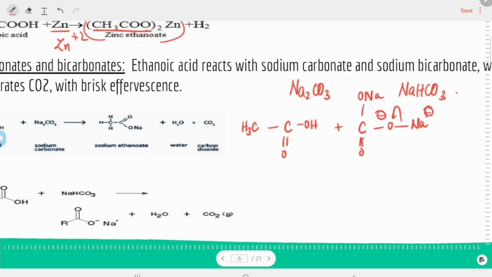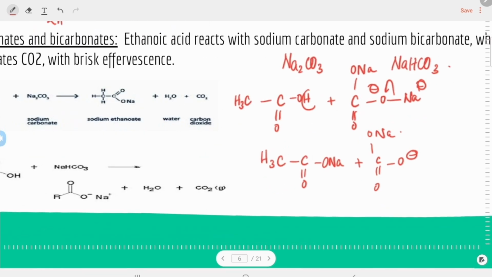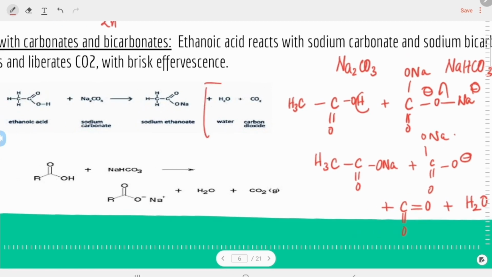Therefore, this will move out and we'll have it like this. And now this H will be replaced by Na and we'll get H3C C double bond O ONa plus C double bond O minus ONa, and the same thing takes place again to form C double bond O plus H2O, and we get this as the final product, sodium ethanoate.